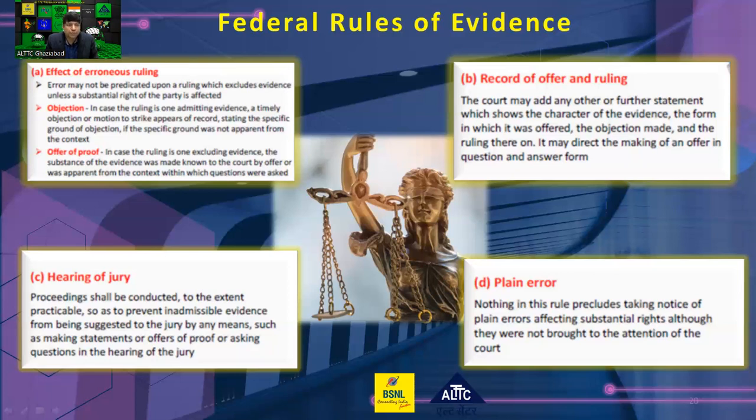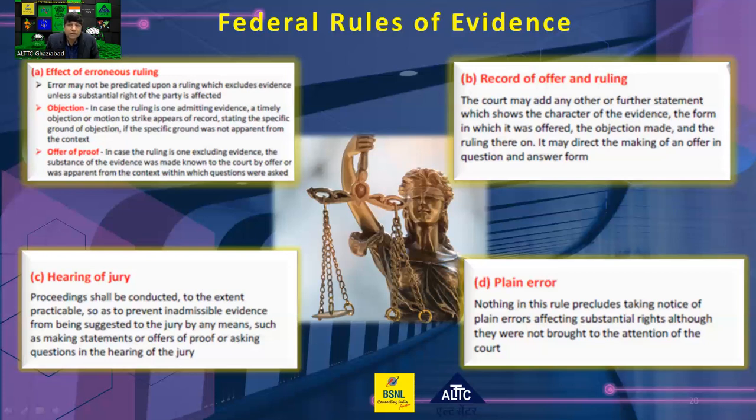Next, offer of proof: in case the ruling is one excluding evidence, the substance of the evidence was made known to the court by offer or was apparent from the context within which the questions were asked. This is the effect of erroneous ruling, the first very important rule.